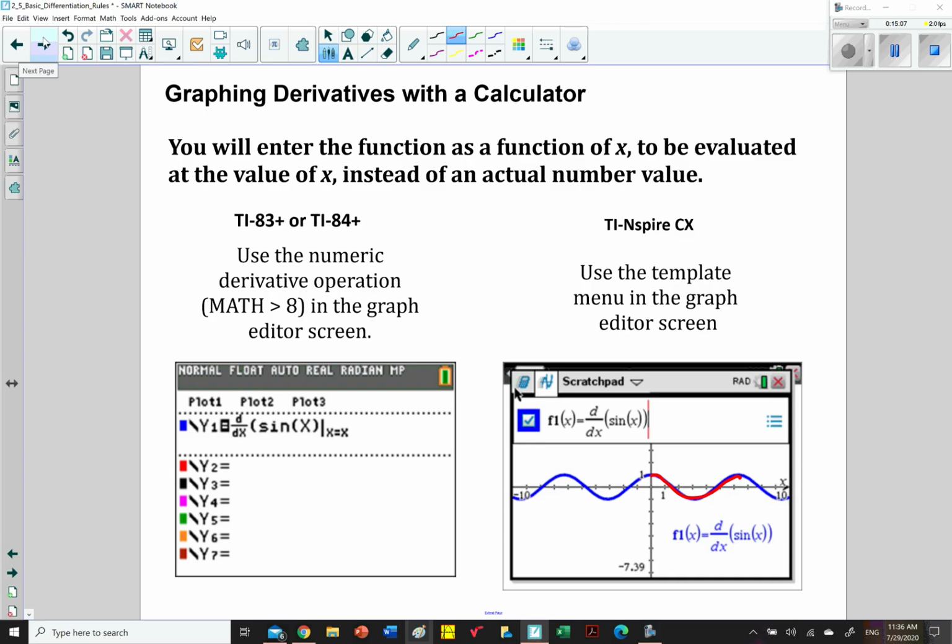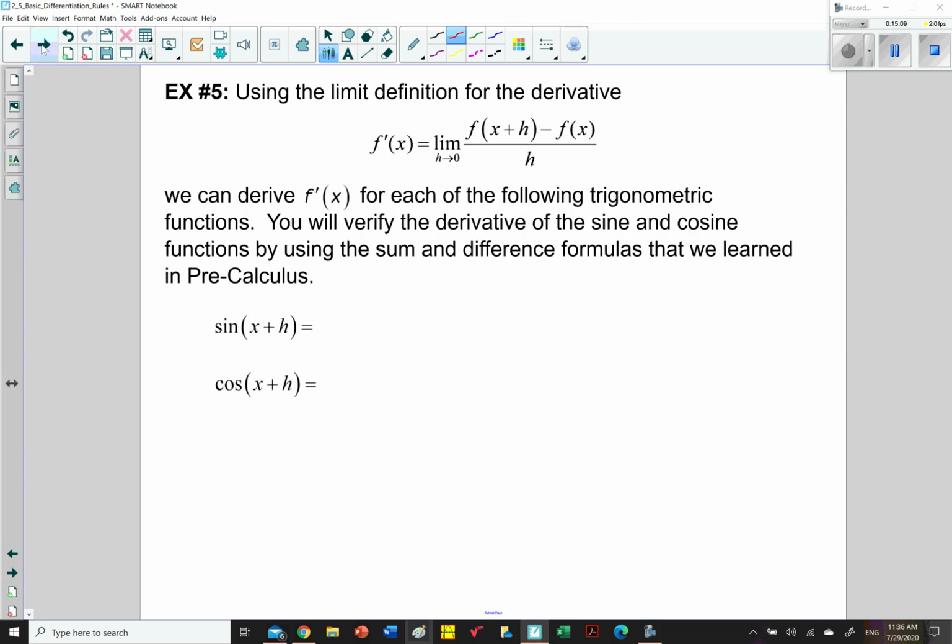And here's where we're going to prove it. So we know from pre-calc that you had the sine of two angles, and that formula went sine, cosine, cosine, sine.